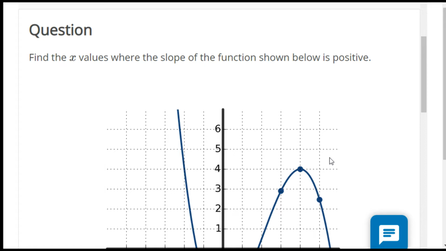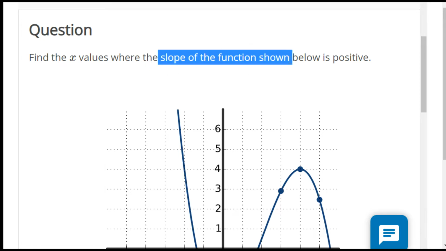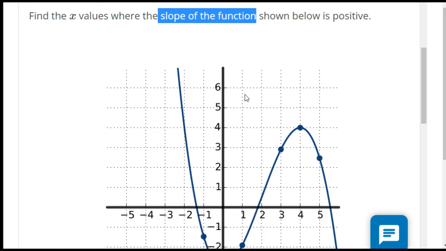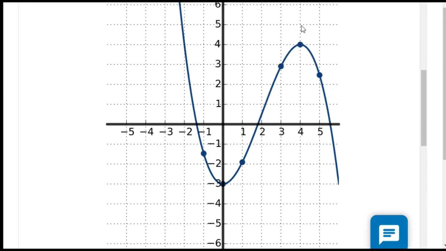And here they want positive slope. And again, they've said slope of the function. The only functions that have slopes are linear functions. All the other functions can have a slope of a secant line. It can have a slope of a tangent line, and here they're meaning to ask you about the slope of the tangent line.